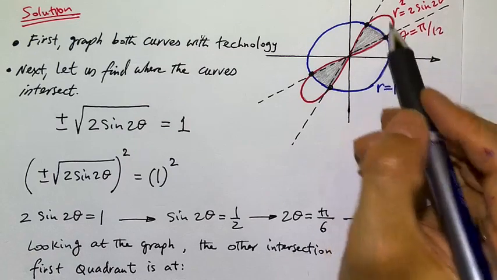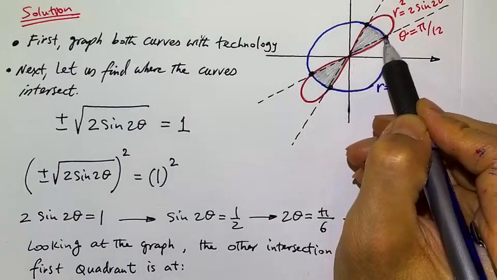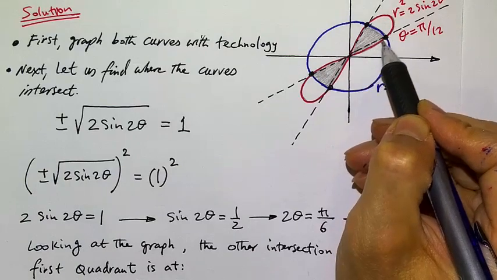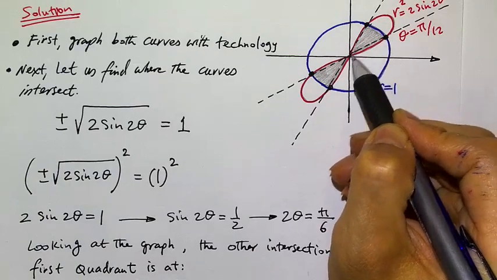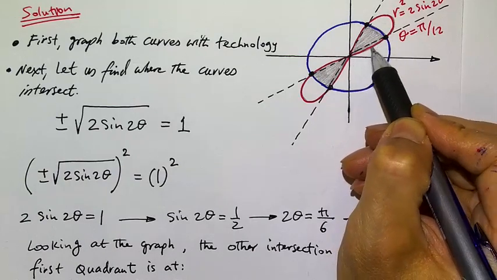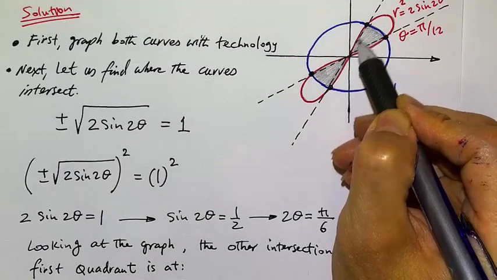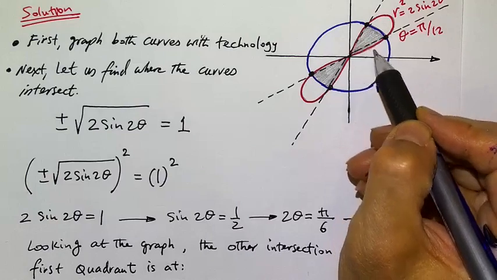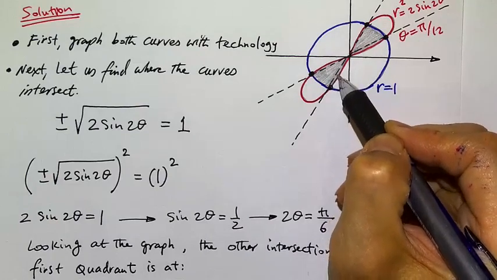From 0 to pi over 12, it's going to give us this piece. But how many such pieces do we have? We have 4. We have this one, we have that one, even though my graph doesn't do justice to it, we have that piece. So 1, 2, 3, 4.